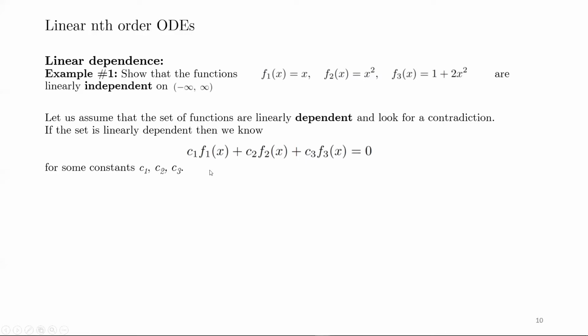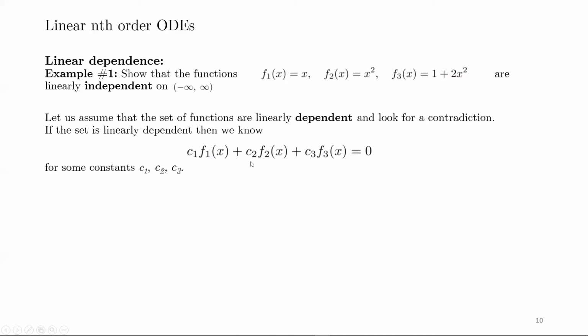If I can find constants that are not all equal to 0, then that would show this was linearly dependent. Or if the only solution to this equation is c1 equals 0, c2 equals 0, c3 equals 0, then this would be a linearly independent set.